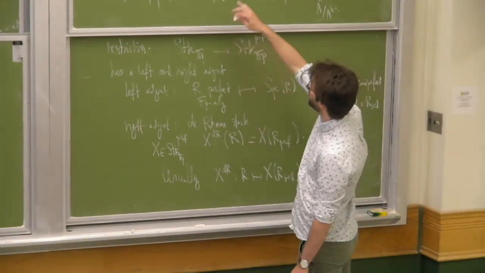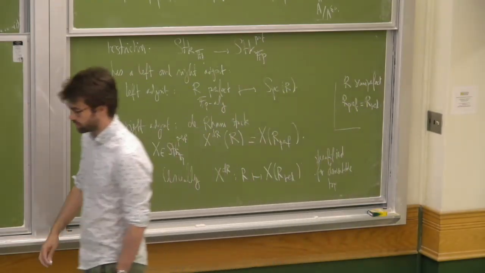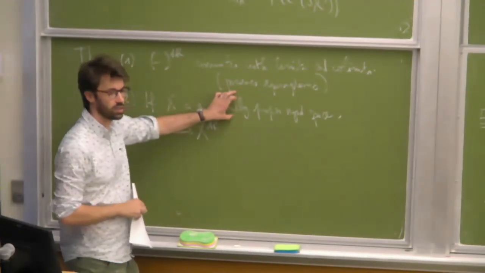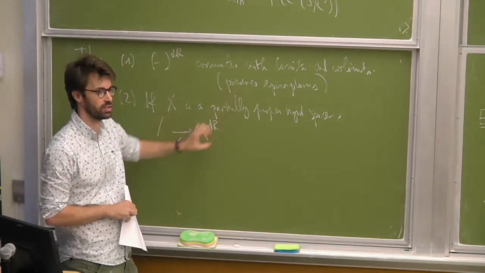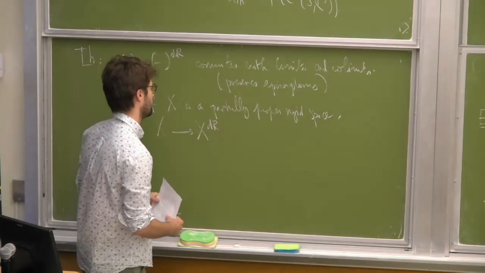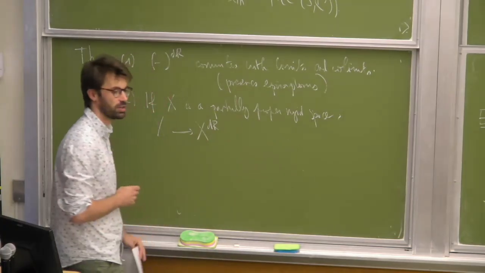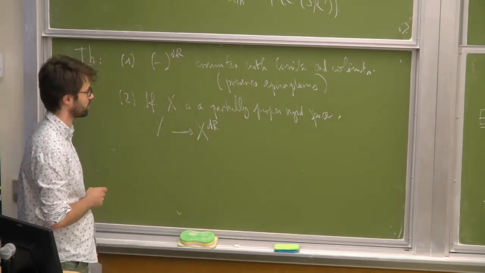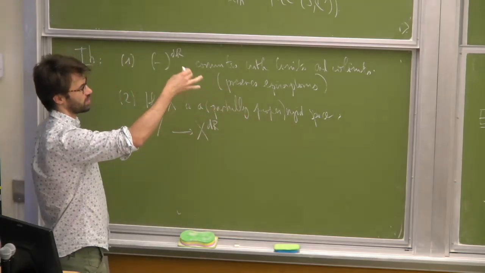I see my rigid space, partially proper rigid space, as... So what is partially proper? It means that it satisfies the valuative criterion for properness. So for example, the Stein space, affinoids or proper rigid spaces are examples. It's just a technical restriction because of the fact that we work with this.